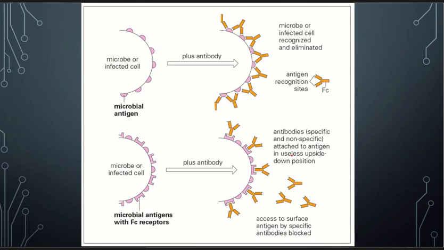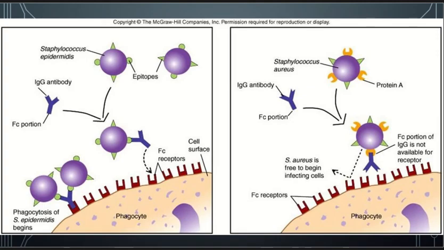And so Staphylococcus aureus can do this, some streptococci, HSV, herpes simplex, VZV, CMV, but basically by producing these Fc receptors, they can bind IgG backwards.